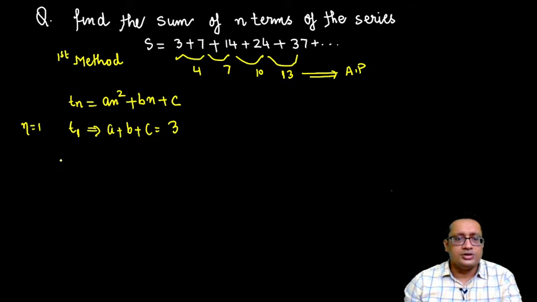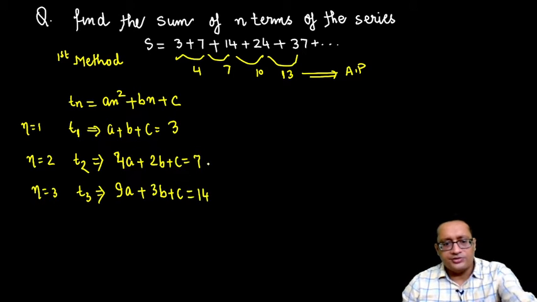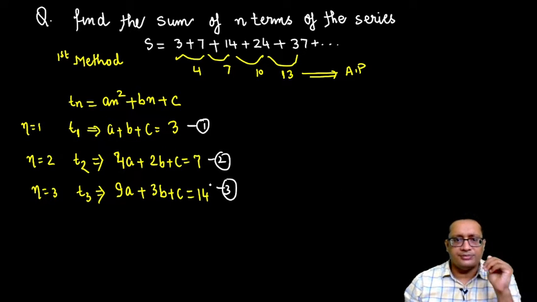N is equal to 2, t2: 4a plus 2b plus c is equal to 7. N is equal to 3, t3: 9a plus 3b plus c is equal to 14. There are three equations and three variables a, b and c.